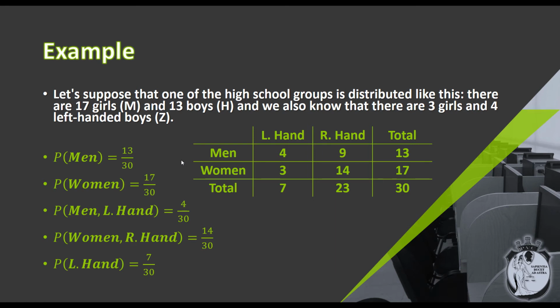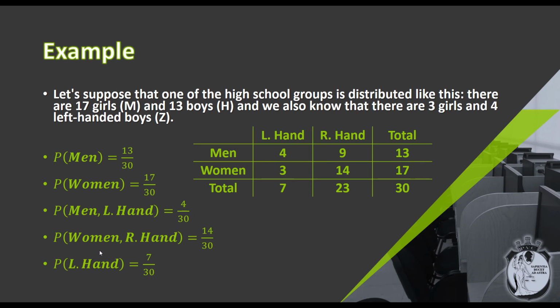If you select one man, what is the probability that he is left-handed? 4 of 30, because only 4 men are left-handed.